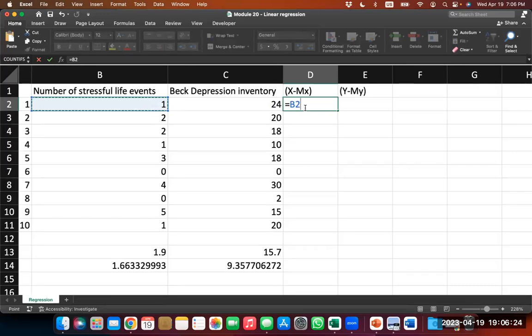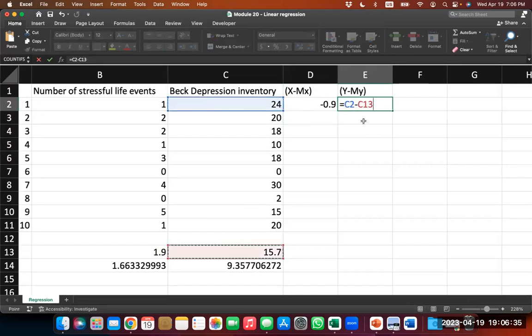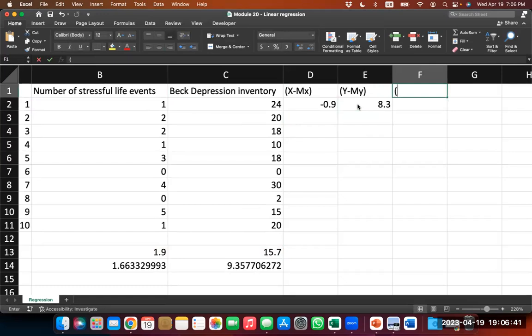Okay, so we have x minus mx. That's a simple one. We do x minus mx. We need to log in the mx. We do y minus my. We're logging in the my. We're creating the product.